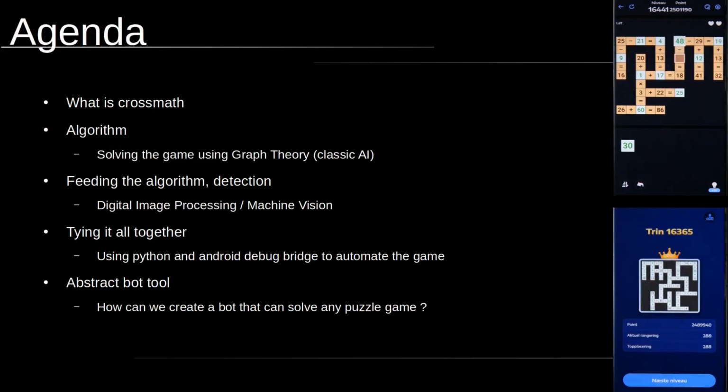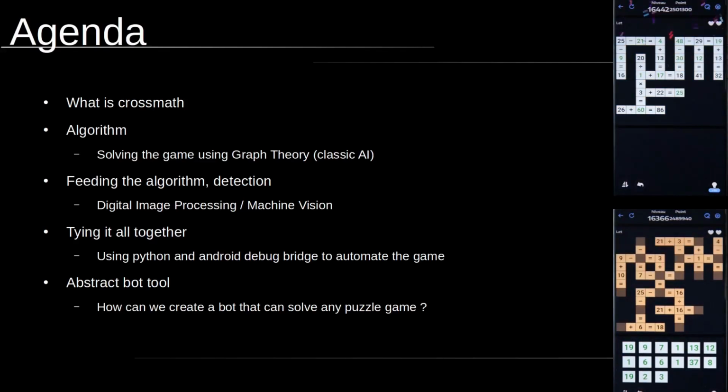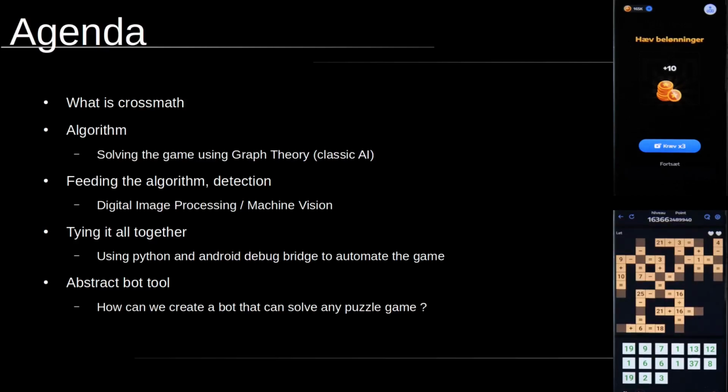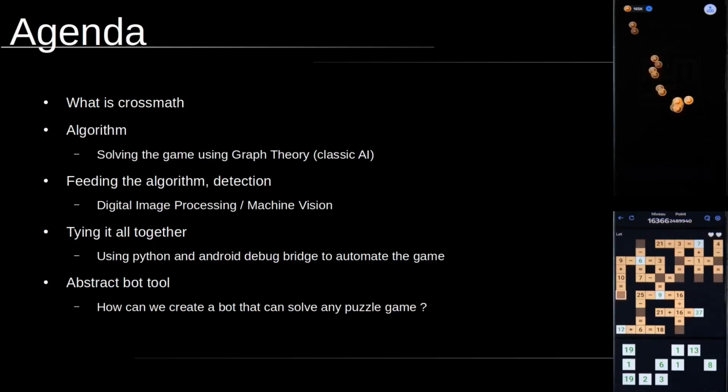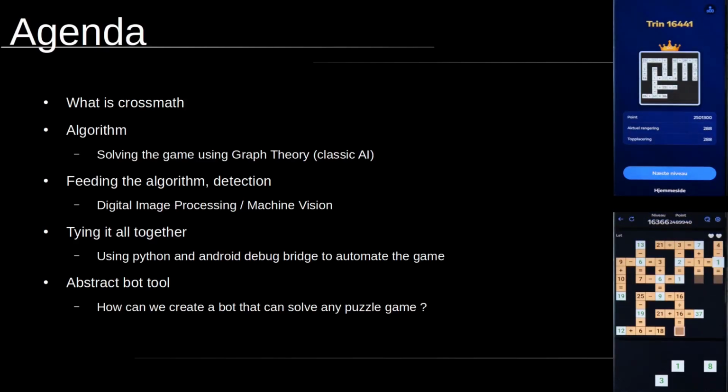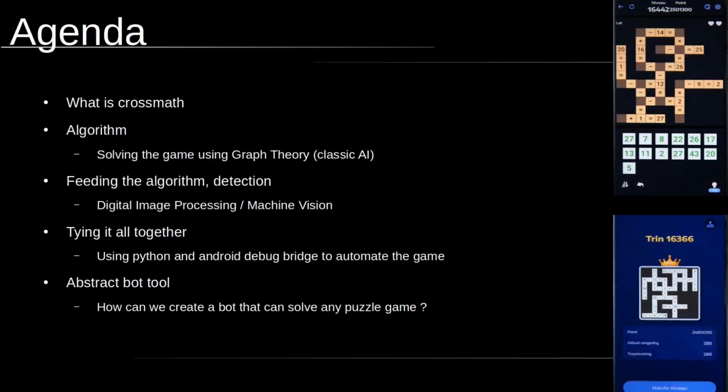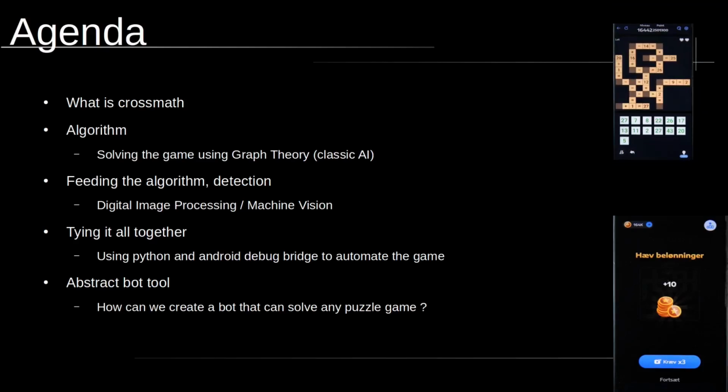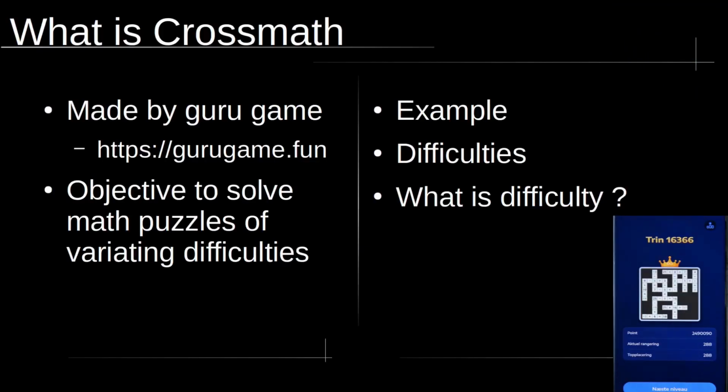And then I will show how the pieces come together using Python and Android Debug Bridge. And finally, I'll be thinking a little bit about, and definitely also asking for your comment, how we could create an abstract bot tool.